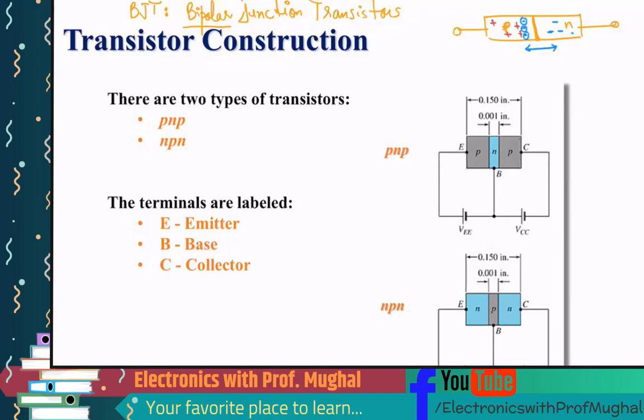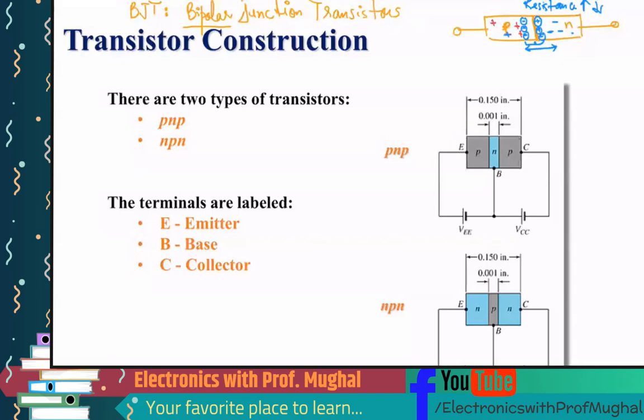Similarly, the positive charges will move to the other side, and they will make a depletion region, okay? This depletion region will basically act as a resistance. The wider it is, the higher the resistance, and because this is a very small width, the resistance is going to be lower, okay?